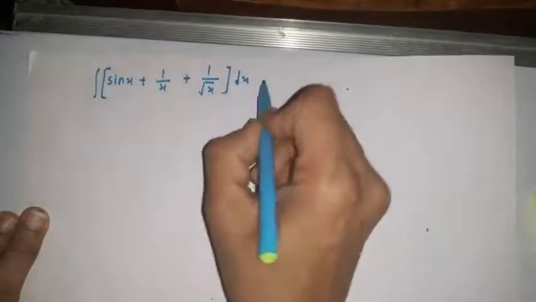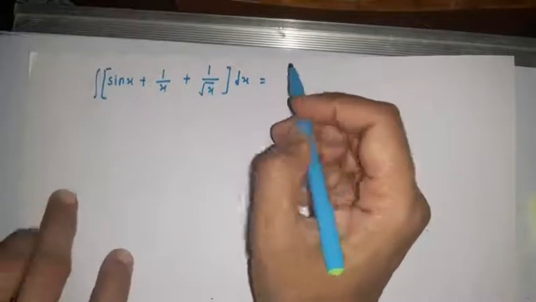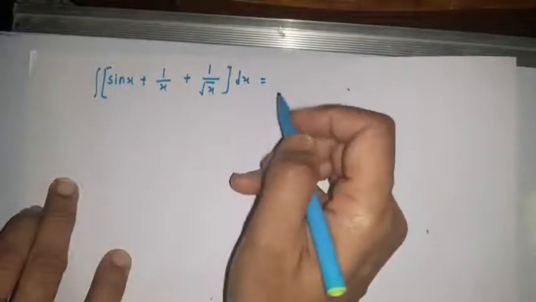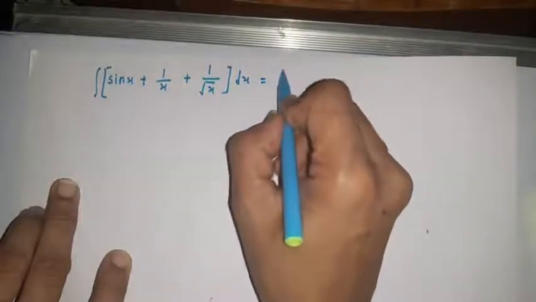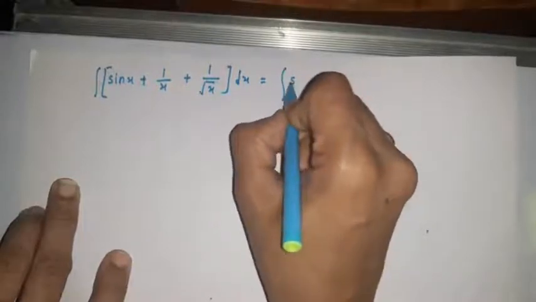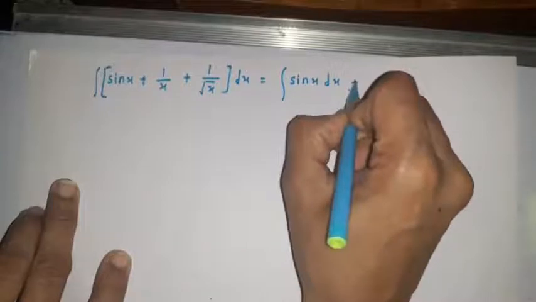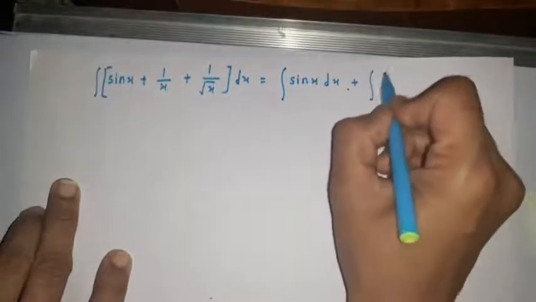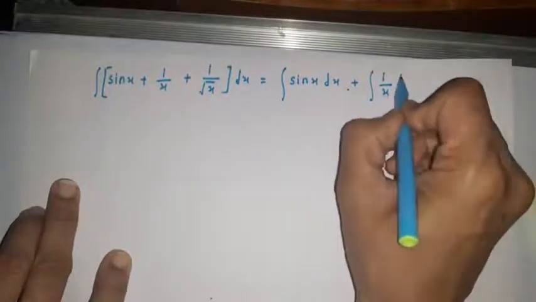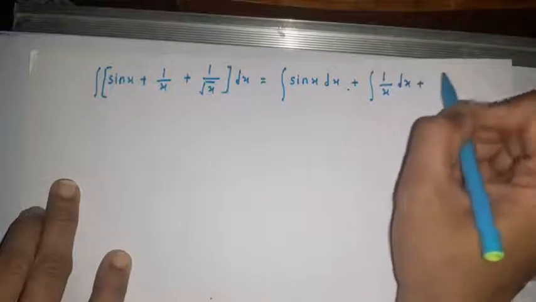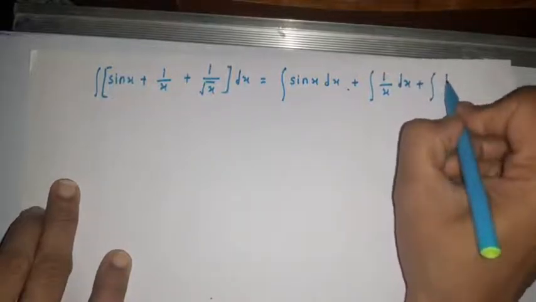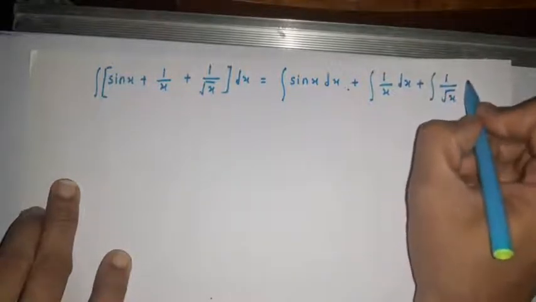Okay students, so let us take the integration of each term separately. That is, integration of the first function sin x with respect to x plus integration of 1 upon x with respect to x plus integration of 1 upon root x with respect to x.